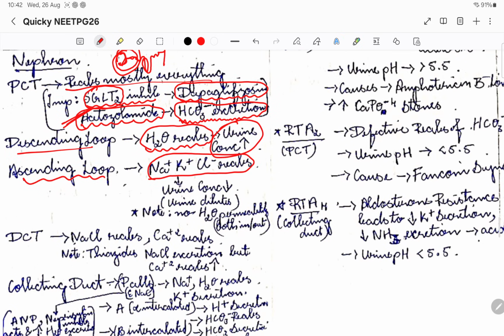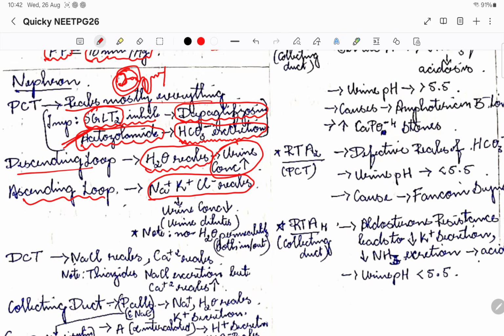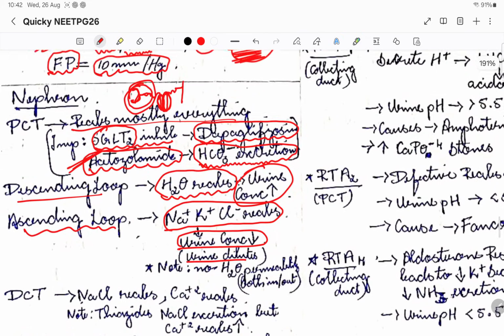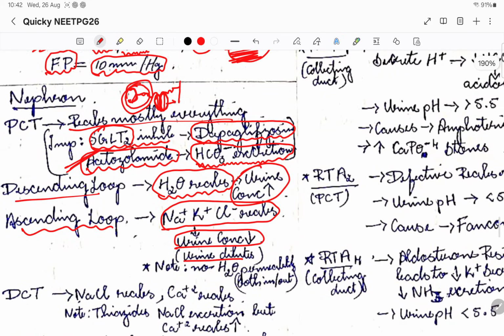The urine became concentrated as all the water was reabsorbed, and now in the ascending loop there will be solute reabsorption, that is sodium, potassium, chloride. This reduces the concentration of urine, so the urine becomes dilute. Please remember, there is no water reabsorption here, so water is not permeable through the ascending loop.